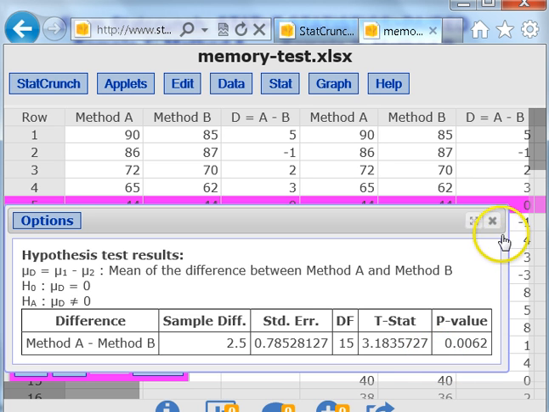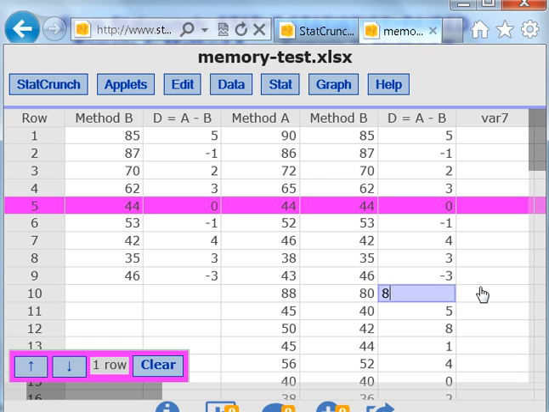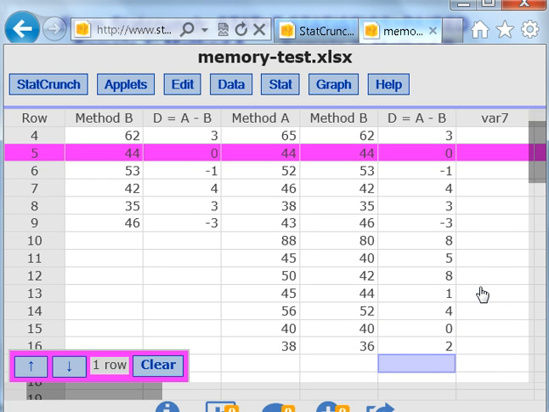In other words, with the additional students, there were some significant differences between A minus B. It looks to me like method A seemed to be better than method B for these additional students. Putting those into the whole data set resulted in some changes in our results.